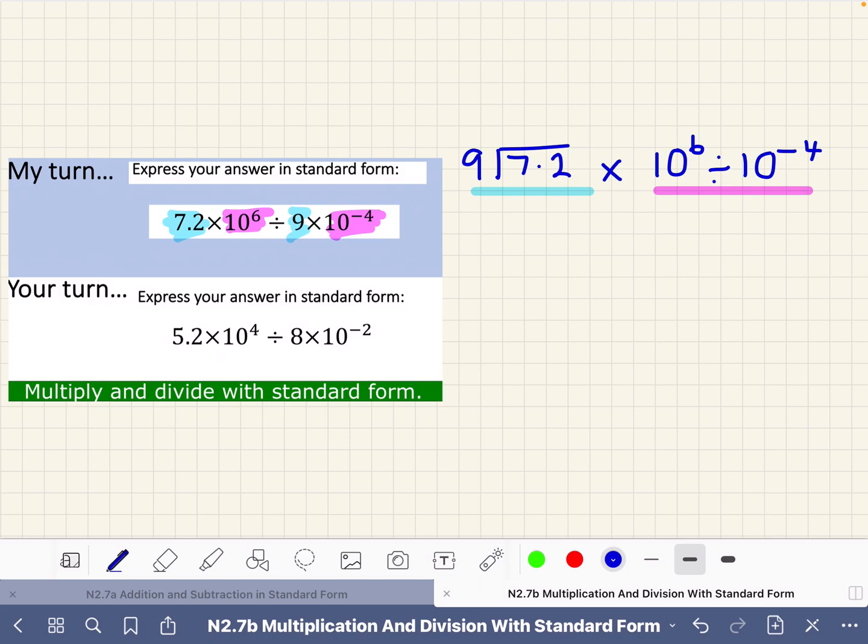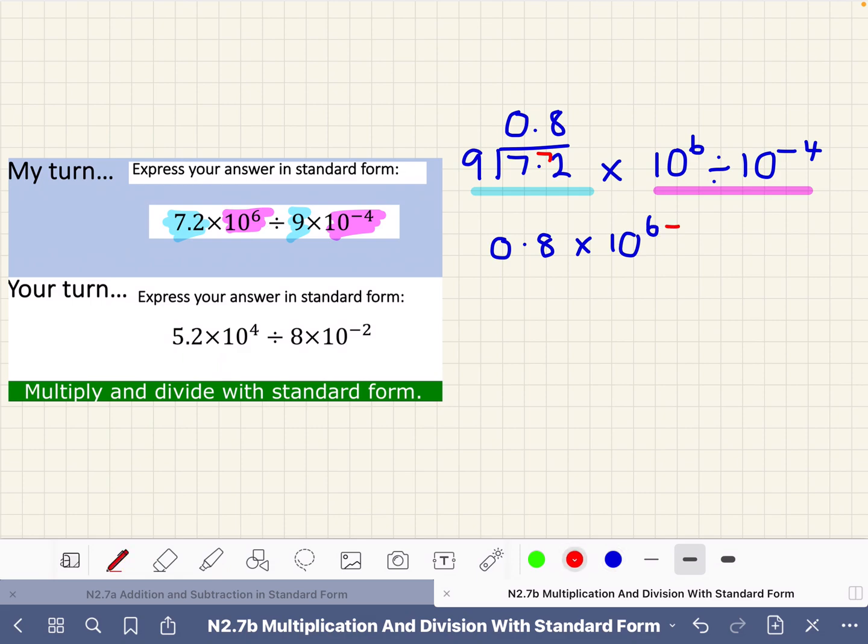When we look at this division here, we have 9 doesn't go into 7, so there's a 0 point. We carry the 7 over to give us 9 going into 72, and 9 goes into 72 8 times, so we have a 0.8. This is multiplied by 10 to the power of 6.